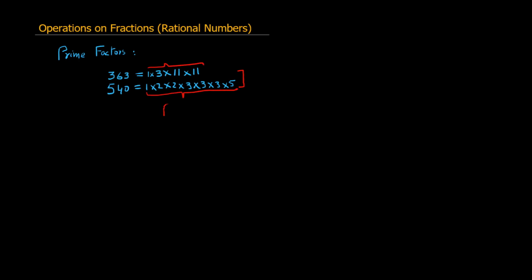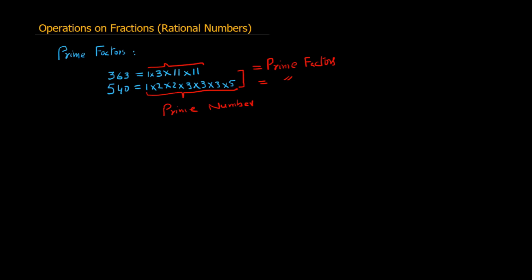Prime numbers are the numbers which can only be divided by themselves and 1. 2, 3, 5 and 11, all these are prime numbers, and therefore these are the prime factors of these numbers.